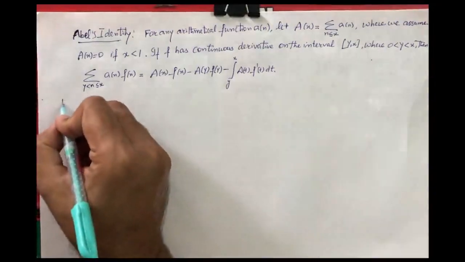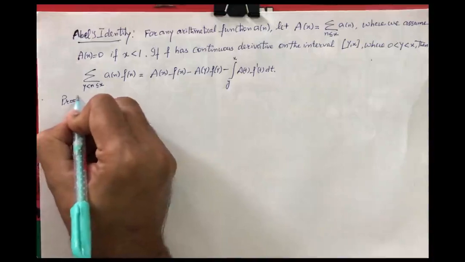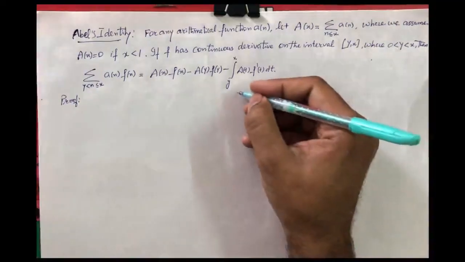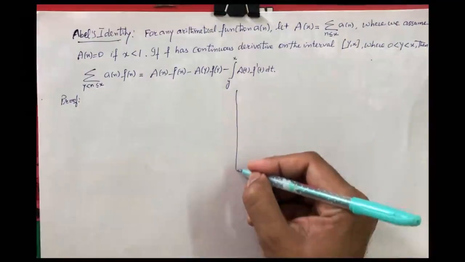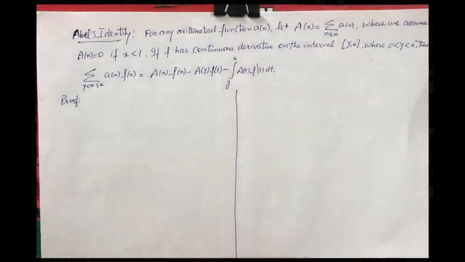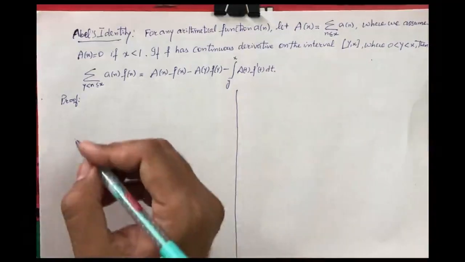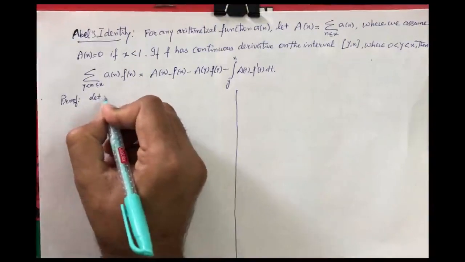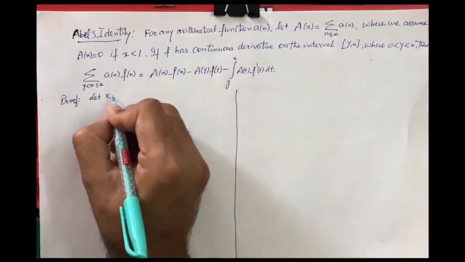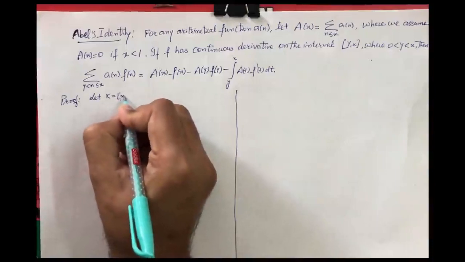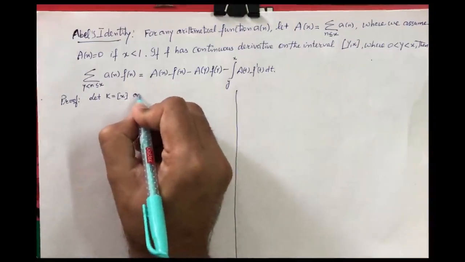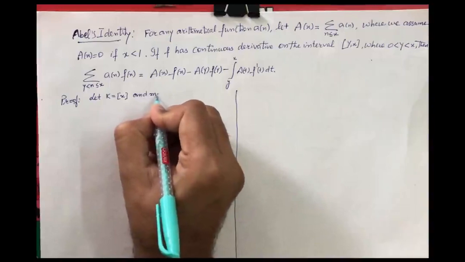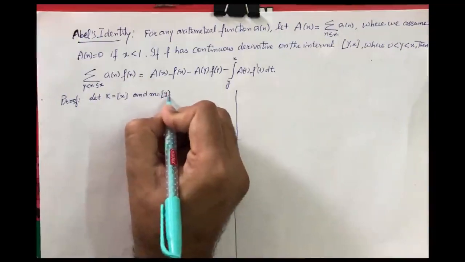Proof: Let k be the greatest integer of x and small m be the greatest integer of y.